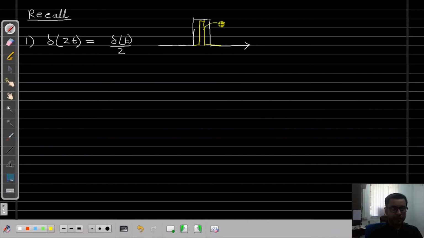So the area of delta(2t) is half the original area of delta(t). That's why we can write this.